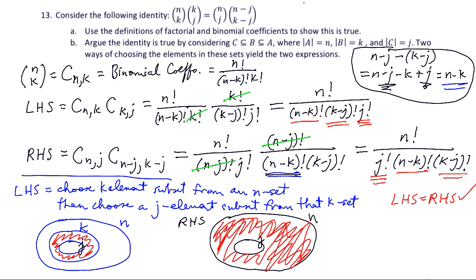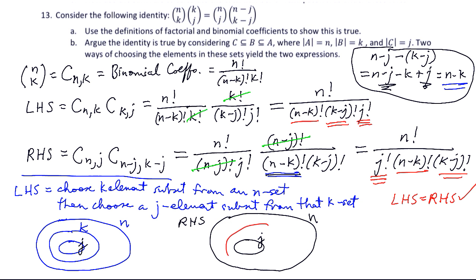And now I'm going to get rid of both of those red things and say that now we're going to choose the remaining elements, and we're going to choose those k minus j elements and add them to the j elements that were already in there, and now I have my k element subset.